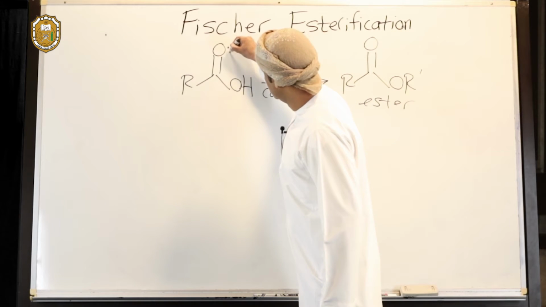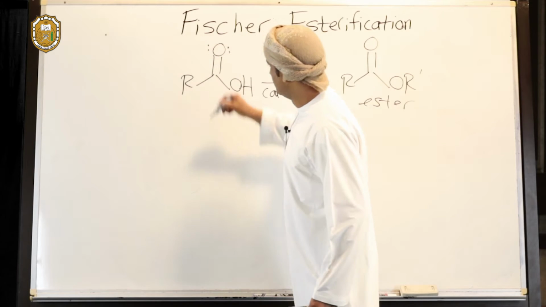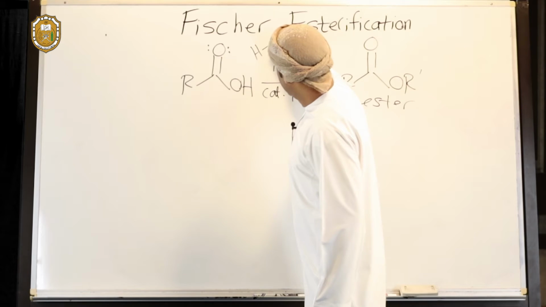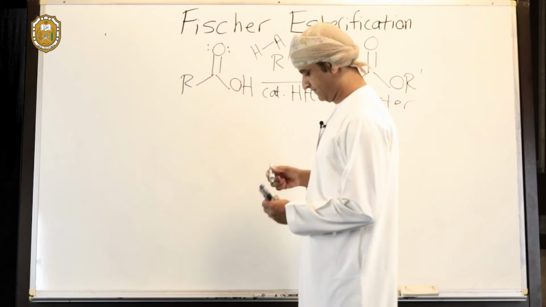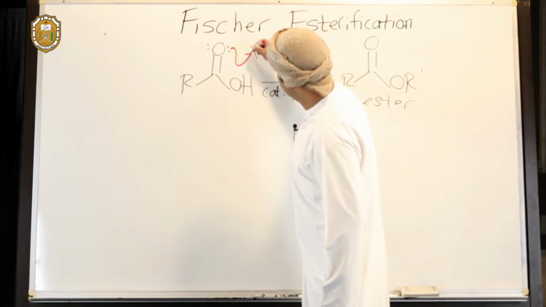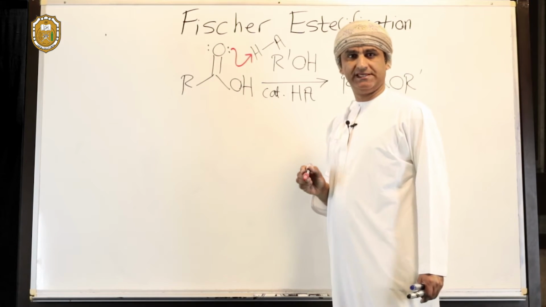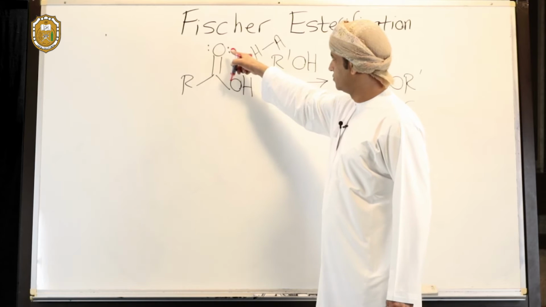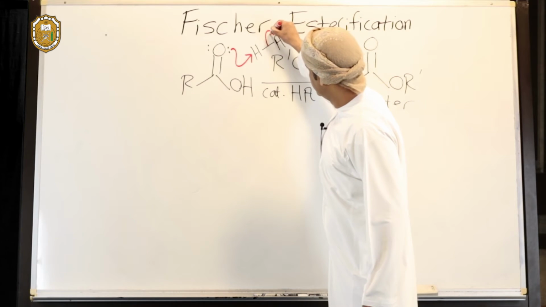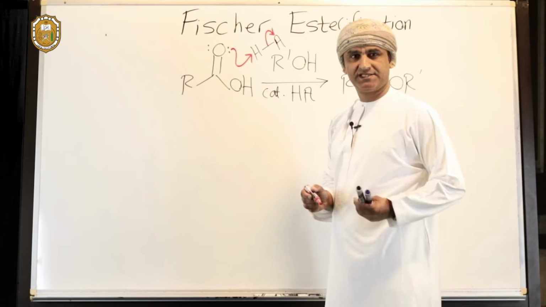So these are the two lone pairs on that oxygen, and this is the HA, the acid catalyst. So this oxygen picks up a proton from the acid catalyst. So oxygen makes a bond with hydrogen. Of course, the H-A bond breaks simultaneously.